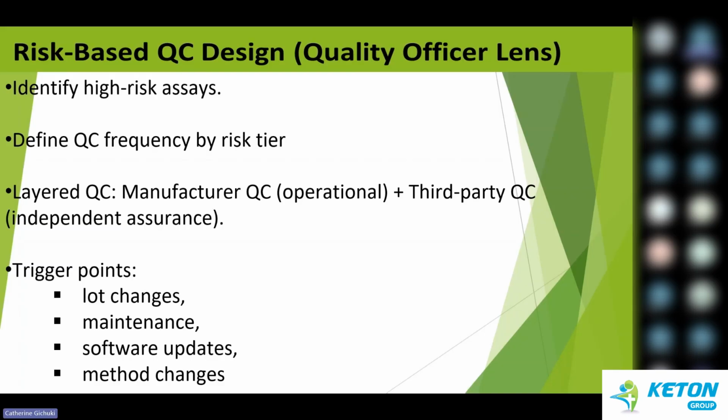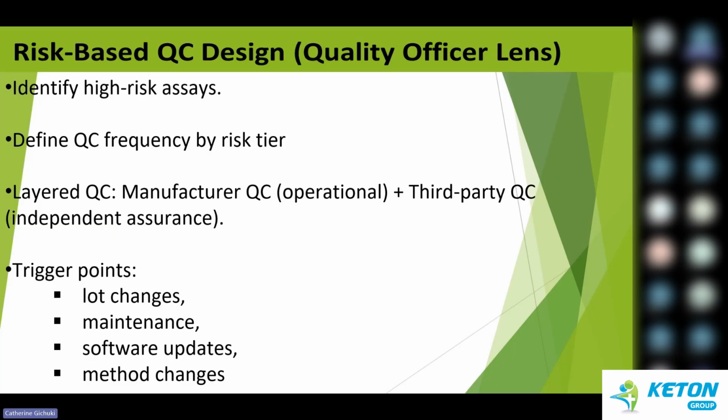You can decide that now that our ICT module is unstable after how many runs, then we will be doing it after every shift, or we'll be doing 15.3 on a daily basis as opposed to maybe once a week. So that is how you define QC frequency by risk tiers.